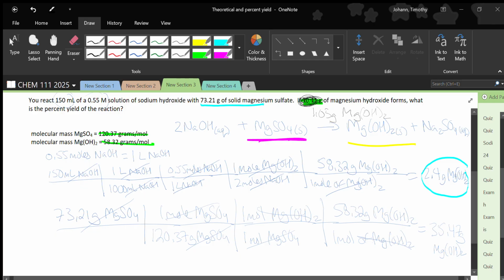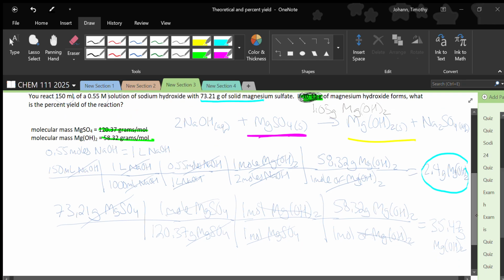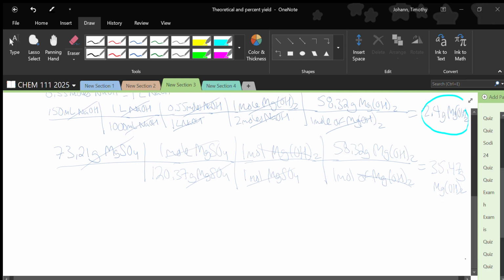Okay, so 1.05 grams is how much you got, not the other number, which was impossible because it would have been you got more than was theoretically possible. And so now I've got 1.05 grams and I've got 2.4 grams. So what that tells me is the 2.4 grams of magnesium hydroxide is my theoretical yield.